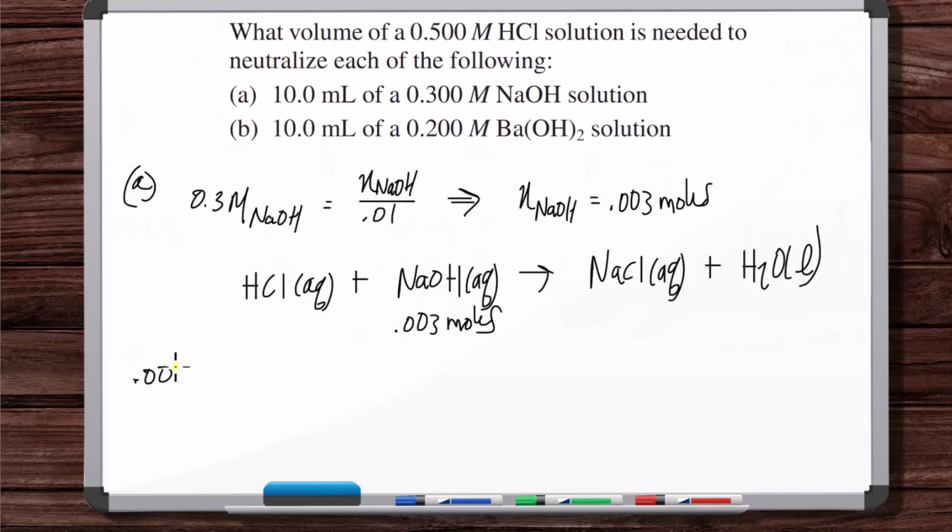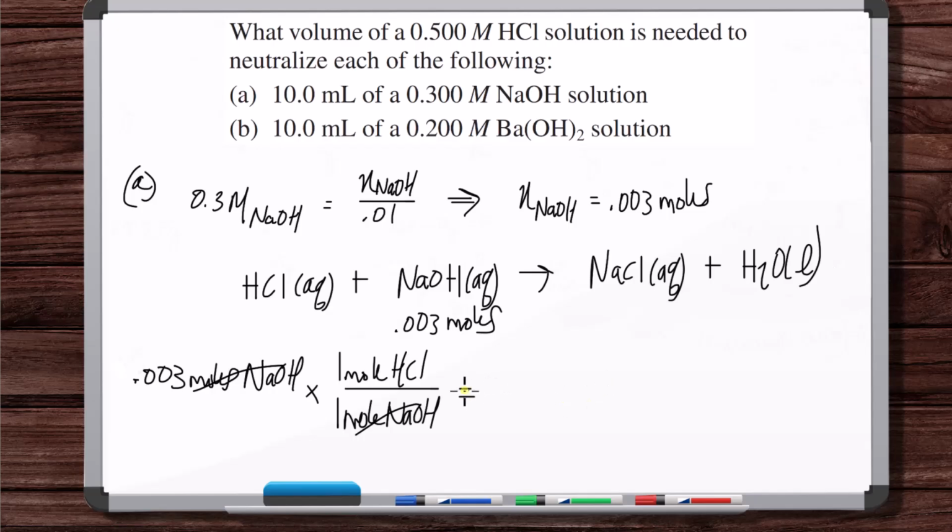So moles of NaOH times the fact that for every 1 mole of NaOH consumed, 1 mole of HCl was consumed. So now we've got the number of moles of HCl involved in the titration, 0.003.